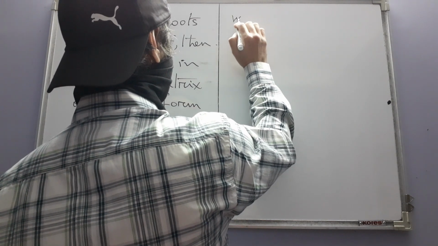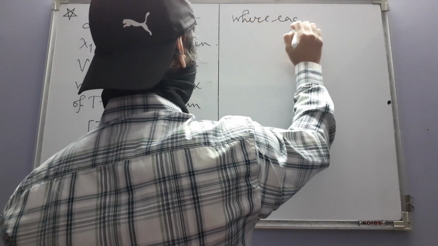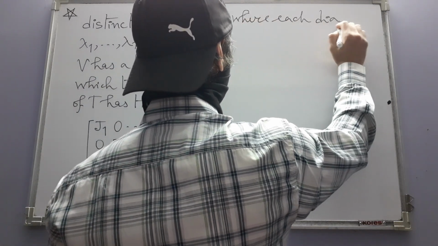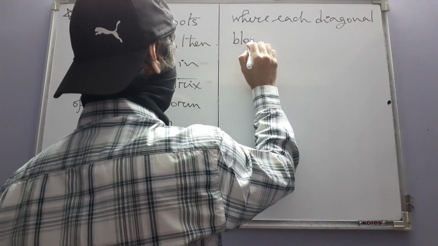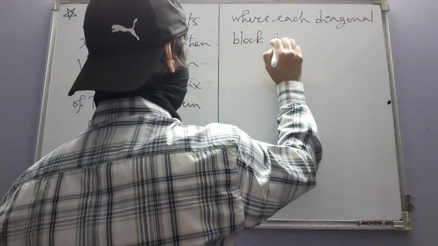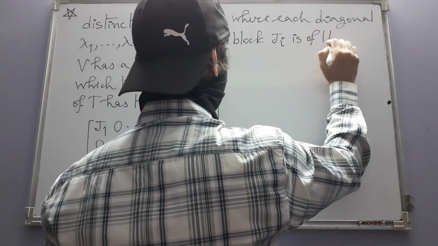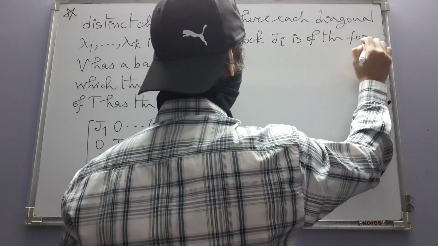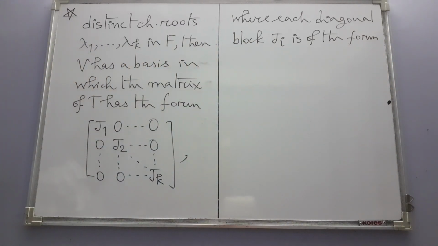Where each diagonal block Ji is of the form which itself is also a block diagonal matrix.